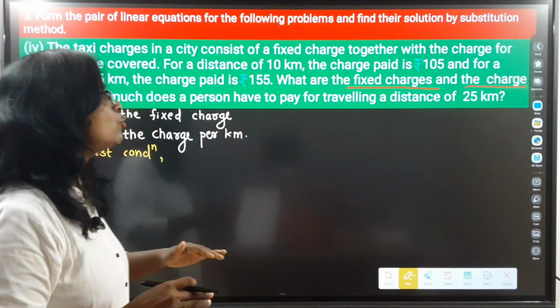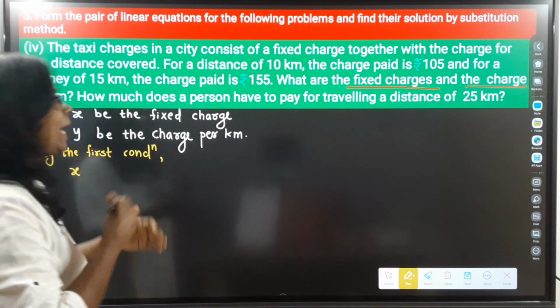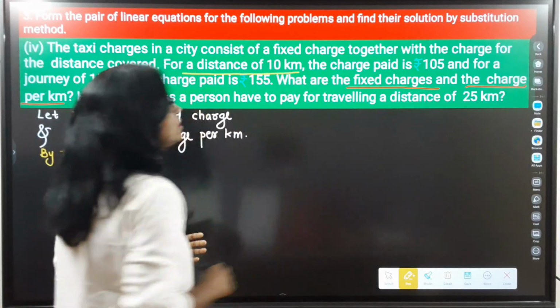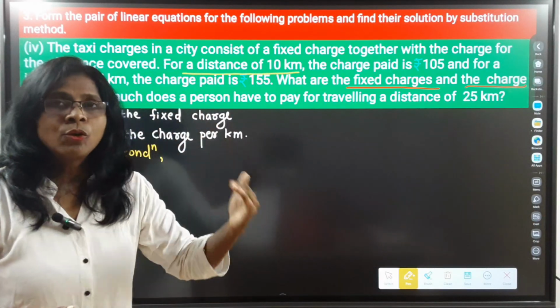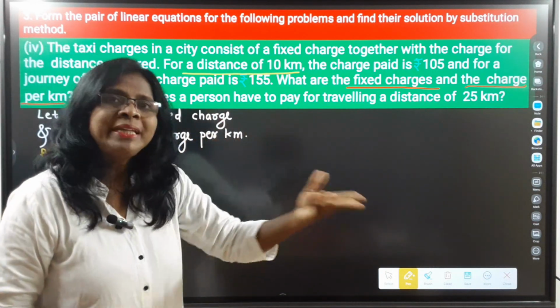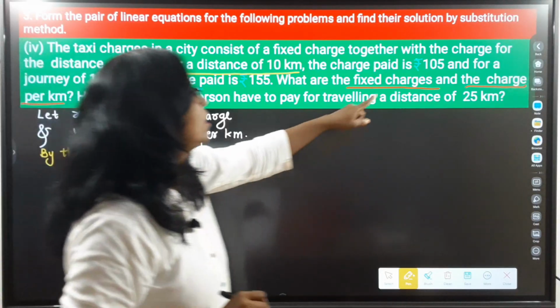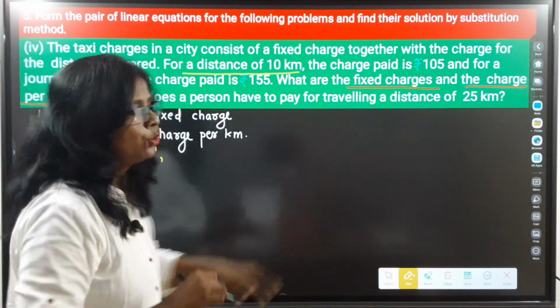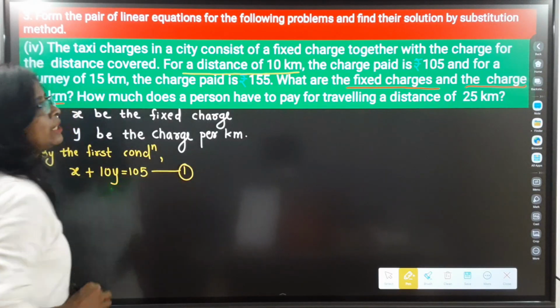So the condition is that there is a fixed charge x, and for the distance of 10 kilometers the charge will be 10y, and the total charge will be rupees 105. So x plus 10y is equal to 105, and that will be our first equation.